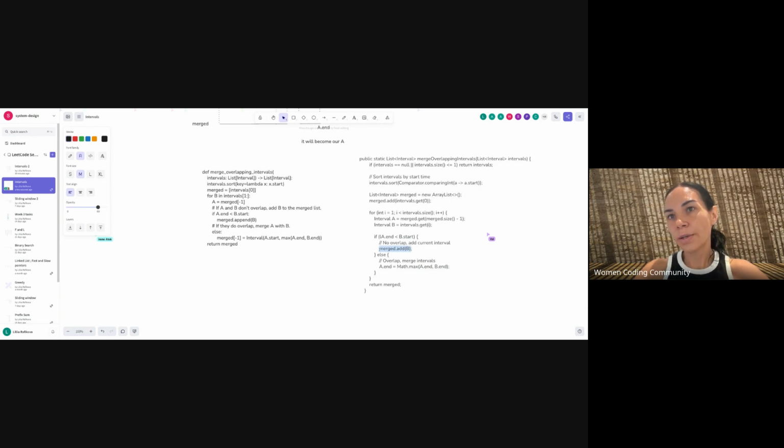When there is no overlapping, we just put the next interval in, and now we start our iteration with this new A. If we found no overlapping intervals, we put B, and on the next iteration it will be our new A, and we process it with the next one, which will be B.